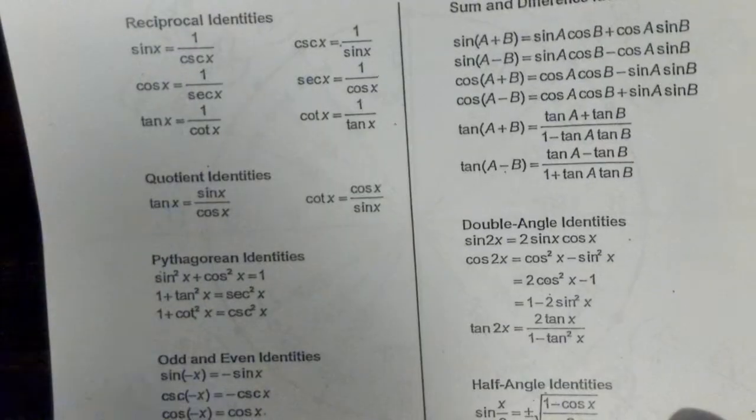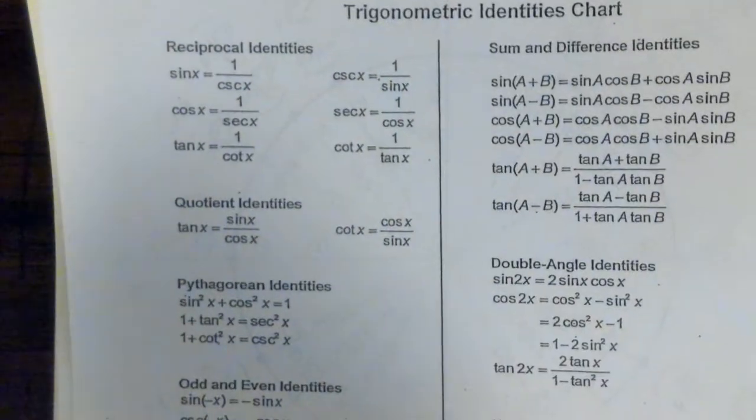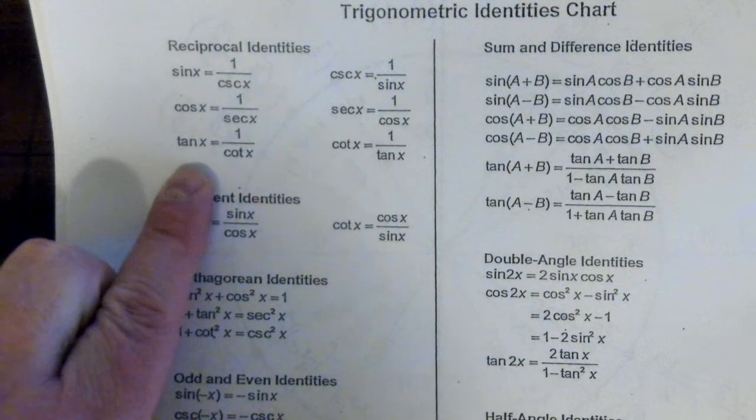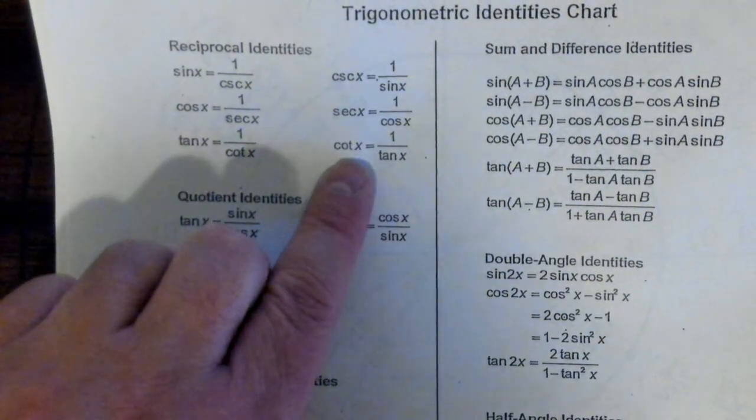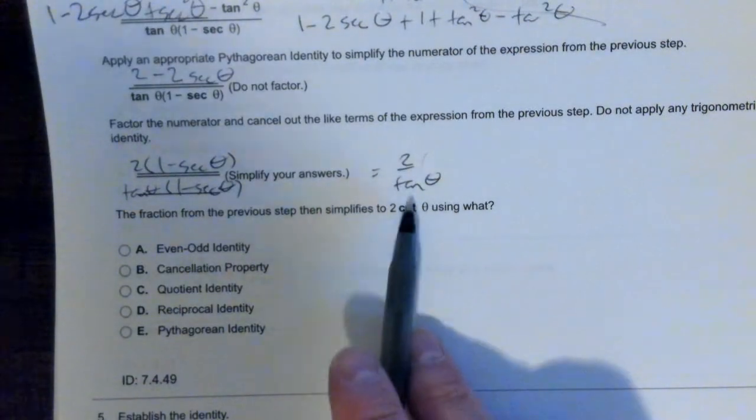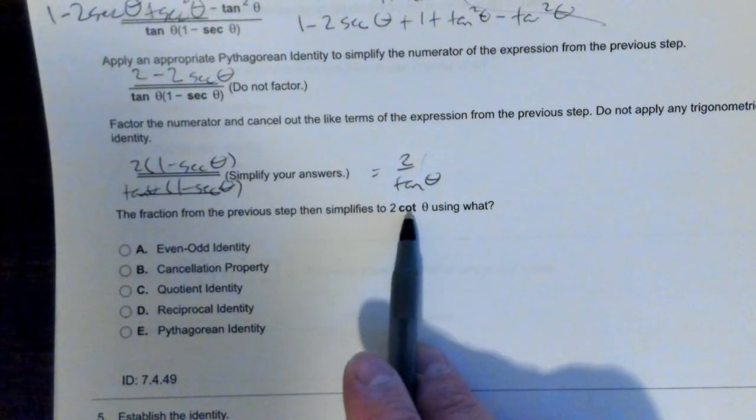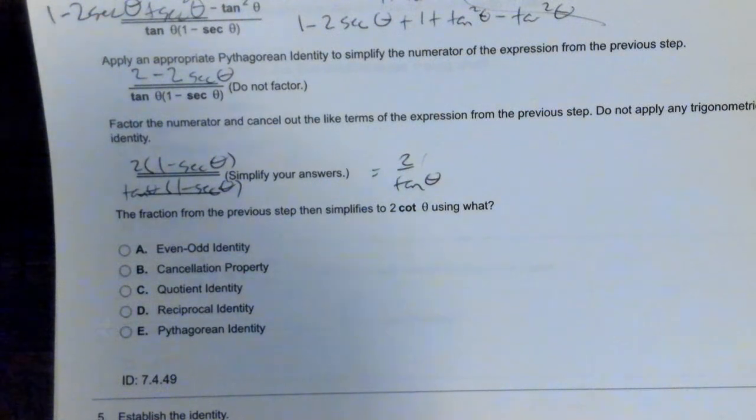Because your reciprocal identity is, if you have tan x, it's 1 over cotan x. Cotan x is 1 over tan x. And so if it's over tan, then it's just going to change to cotan.